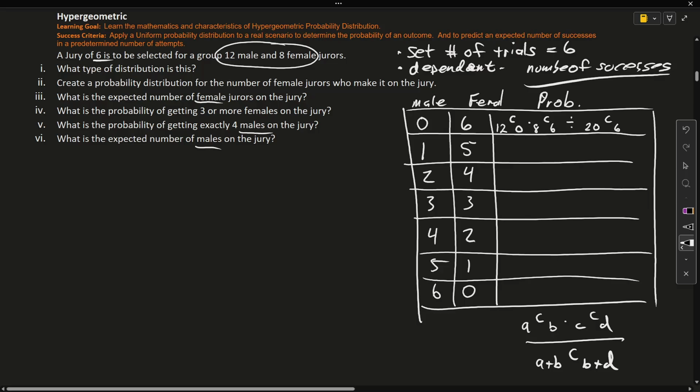So you'll be familiar with this. We've done these before, but now I'm going to build the entire probability distribution, right? So 12 choose 1, times 8 choose 5, divided by 20 choose 6 again, and then it's 12 choose 2, etc., etc., etc. Okay?